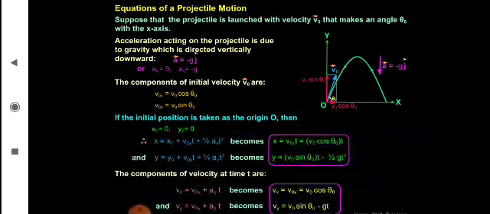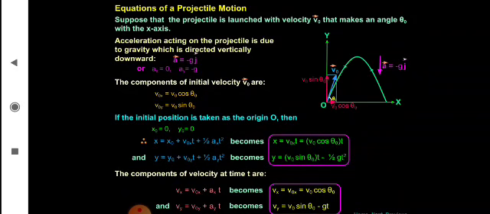The components of the initial velocity vector v naught are v naught x equal to v naught cos theta naught, and v naught y equal to v naught sin theta naught. These are the components of vector v naught along the x and y axis.